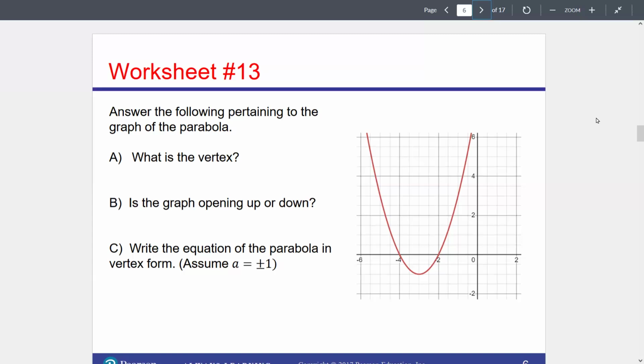And then you're going to write an equation for the parabola in vertex form, and you're going to assume that A is -1 or +1, meaning in vertex form, A is going to look like this because A is going to be +1, or it's going to look like this because A is -1.